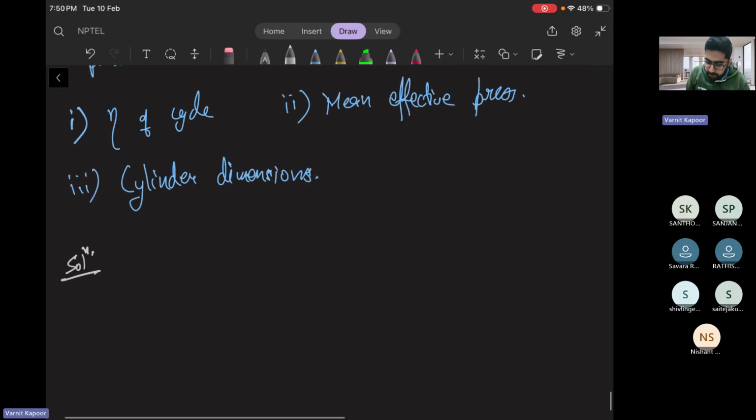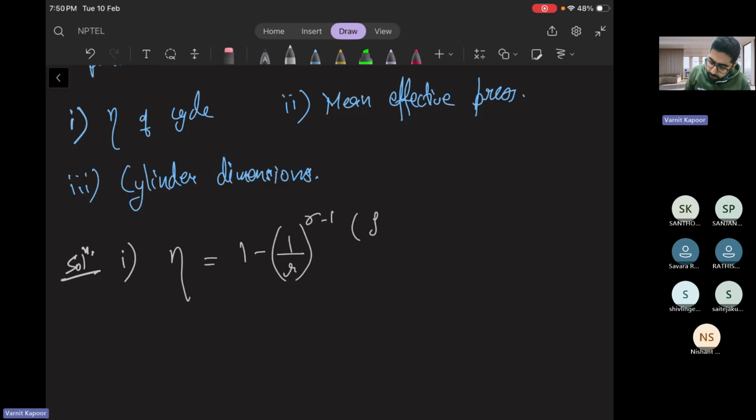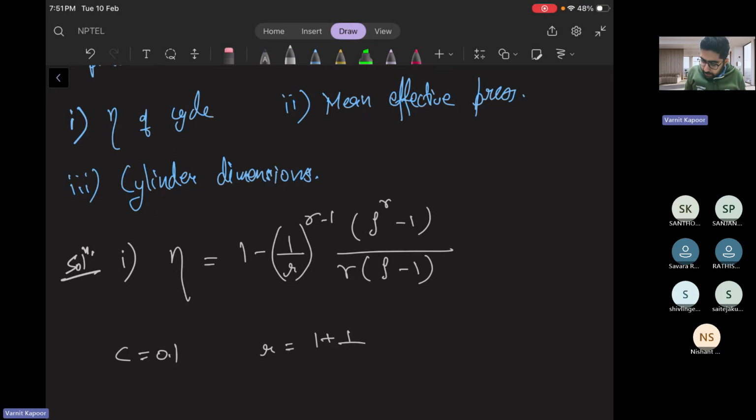So first of all, efficiency of diesel cycle is 1 minus 1 by r to the power of gamma minus 1, times rho to the power of gamma minus 1 over gamma times rho minus 1. But we don't have r, or do we have? We know that C is 0.1, and r is equal to 1 plus 1 by C, so 1 plus 1 by 0.1.